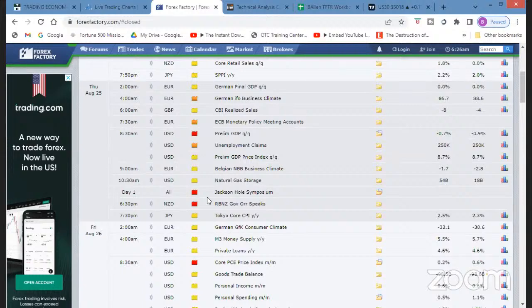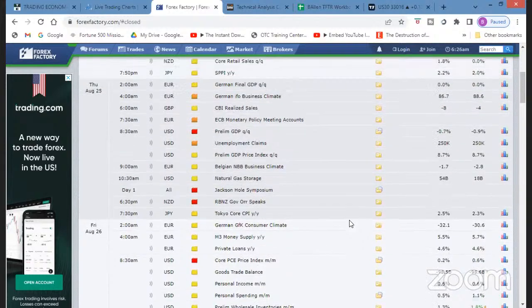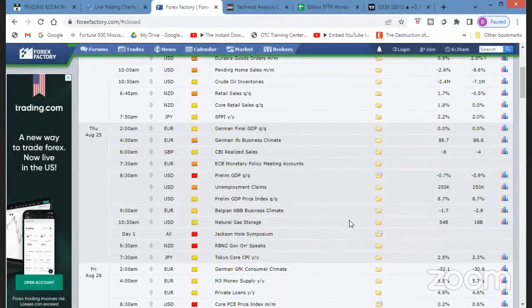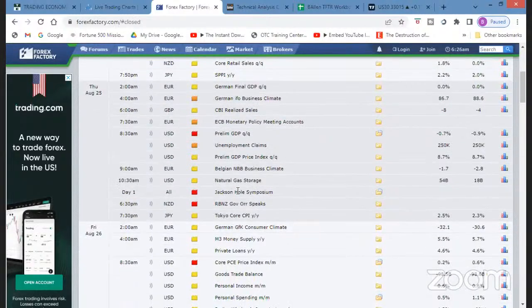The market's closed, but then you see that reaction and you'll have gaps on your chart. So just be careful with that. If you're trading a pretty sizable account and risking quite a bit of money, there's a possibility that can happen.